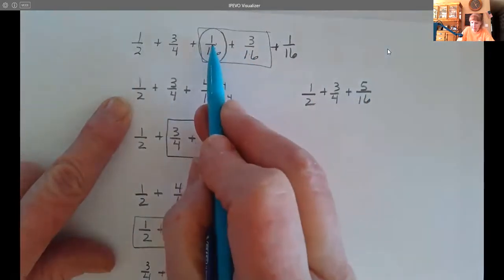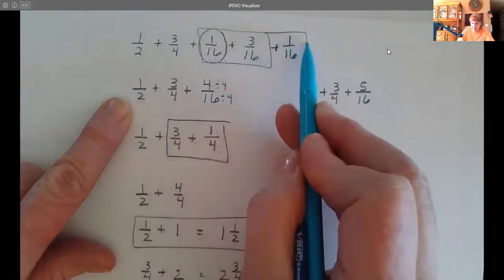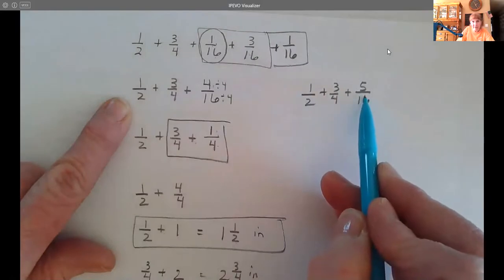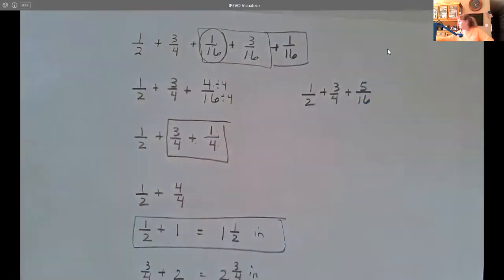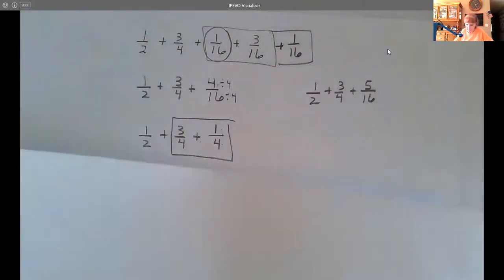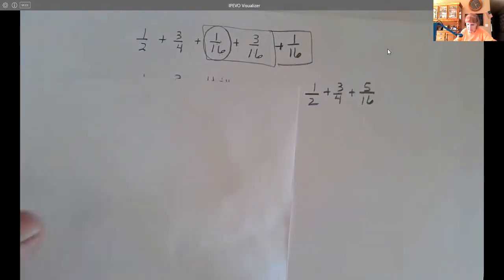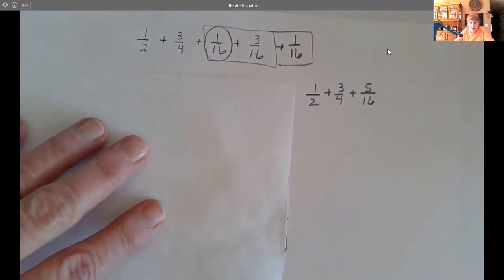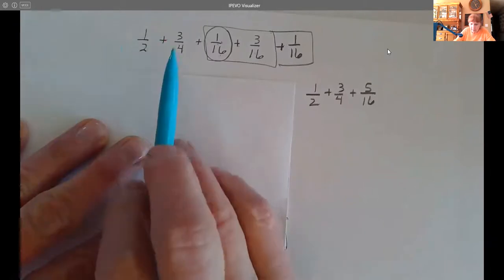Because when I add these 16ths together, I have a 5/16. Let me find a blank sheet of paper to cover that up with. Here we go. All right, well, it happens.